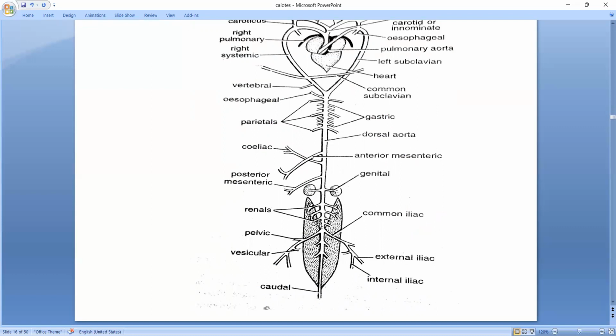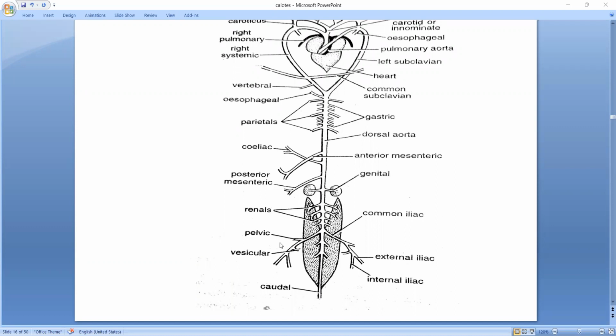Each pelvic artery produces different branches that go to the respective limbs. So the pelvic artery supplies blood to the limbs on that side. One of them is the vesicular artery, which gives blood to the urinary bladder.